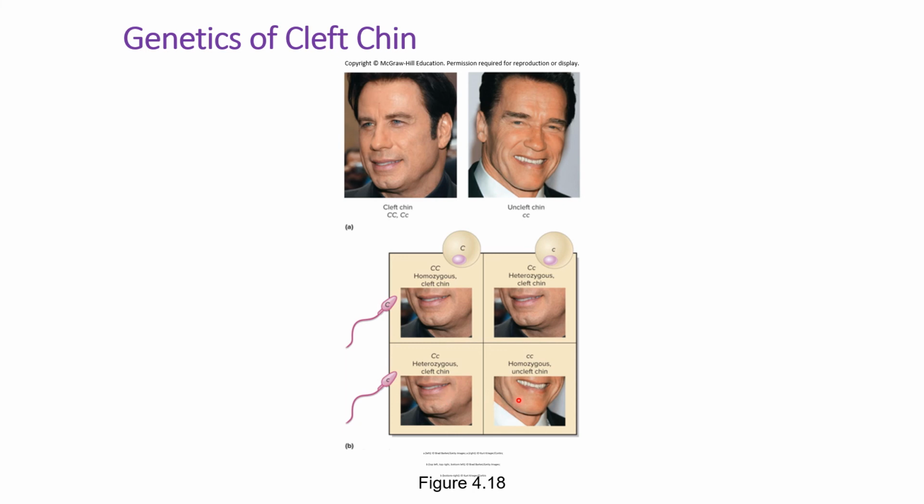All right. Now look down here. There's only one possibility here of not having a cleft chin, and that is in a homozygous recessive situation. So think about that. Not having a cleft chin is actually a recessive trait. Very interesting.